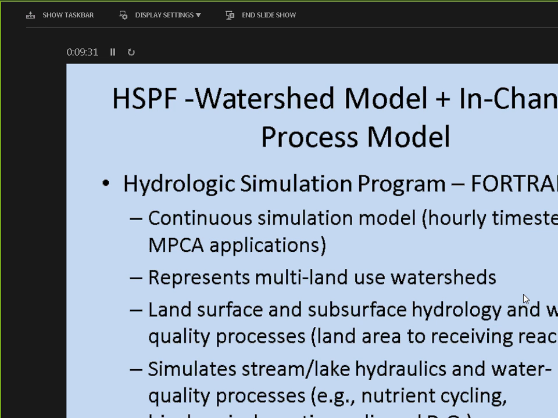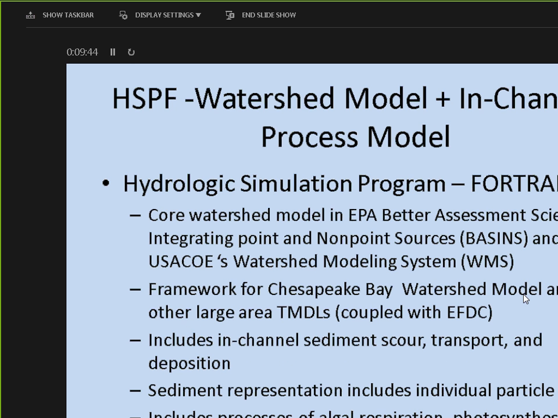It simulates stream and lake hydraulics as well as in-stream water quality processes like nutrient uptake by biology and diurnal dissolved oxygen.